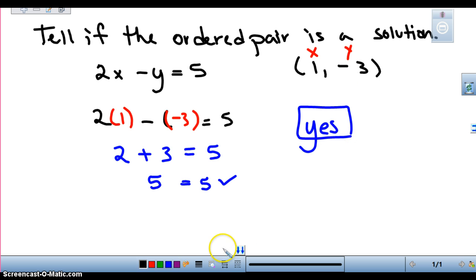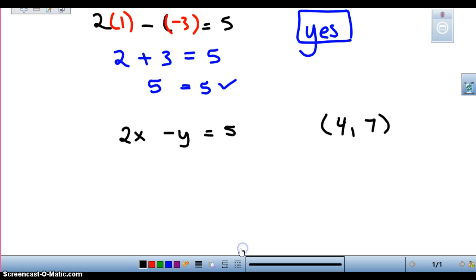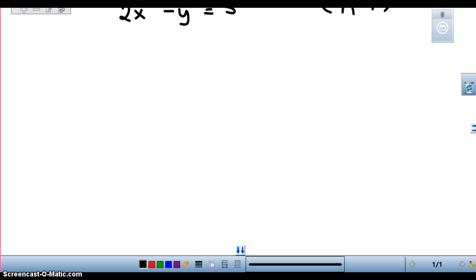Let's say we have the same equation in two variables, 2x minus y equals 5, and we have the ordered pair 4, 7. Tell if this ordered pair is a solution to this equation. What do we have to do?